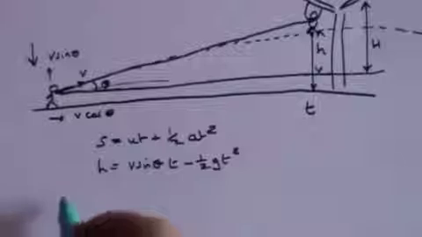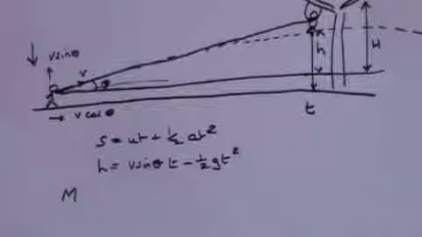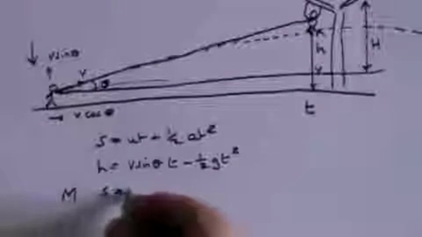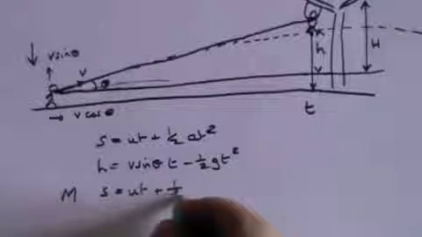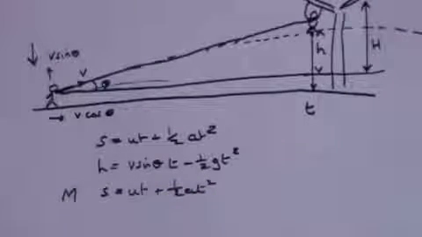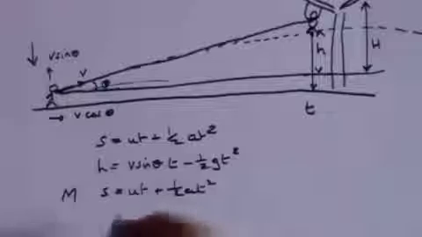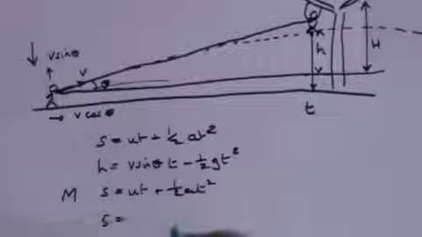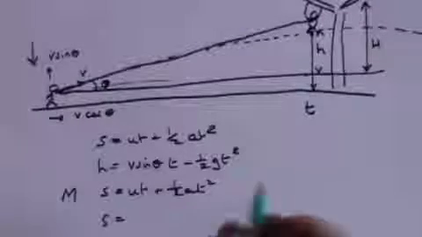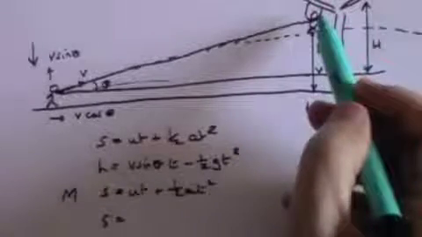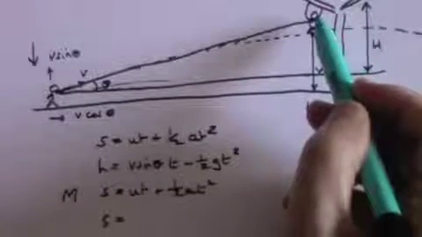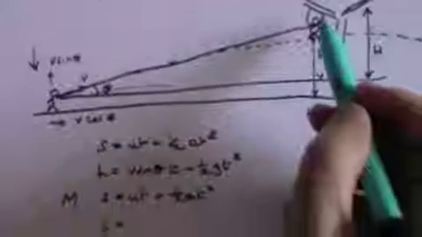Now, what about the monkey? Well, we can use exactly the same formula. Distance is equal to ut plus half at squared. We want to know how far the monkey is falling. Well, the distance that the monkey falls is ut. Well, u is 0 here because the monkey simply lets go of the branch. He has no initial velocity at all.